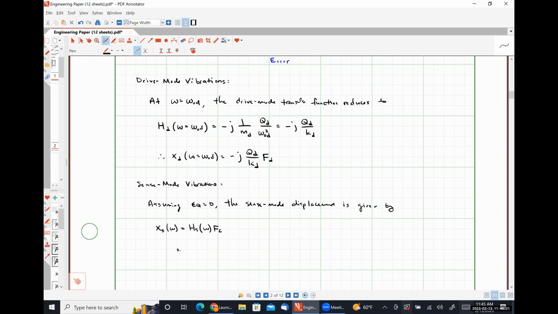And so this is going to be a really ugly complex number. We'll talk about specific cases that are commonly utilized here in a moment.